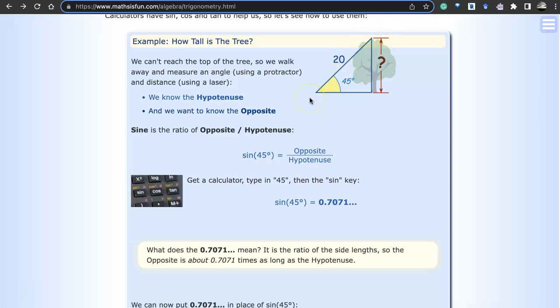Just imagine what 20 meters looks like with an angle of 45 degrees. It would be reasonable for that tree to be something less than 20, I mean, it has to be because it's a right triangle, right? But not significantly less than 20. So 14 meters sounds reasonable.